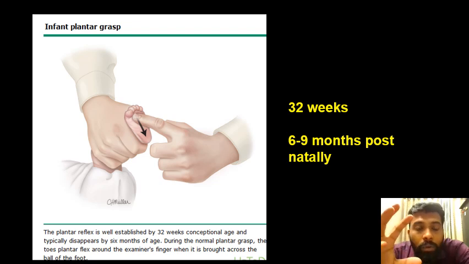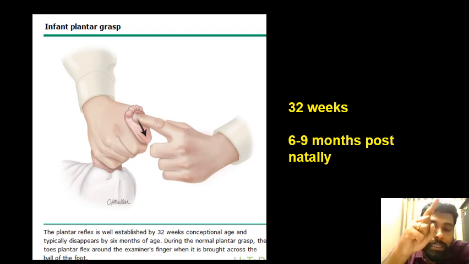The toes try to grasp the object that touches the sole. Okay, it seems to flex around the examiner's finger when it is brought across the ball of the foot. Okay, it is not towards the feet, it is downwards towards the ball of the foot.